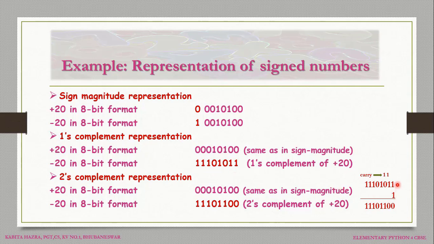Now when we add 1 to this 1's complement of plus 20, we will get 1 plus 1 is 0 with carry 1, again 1 plus 1 is 0 with carry 1, 1 plus 0 is 1, and the rest we will just copy down, 10111. So the 2's complement representation of minus 20 is 111101100.